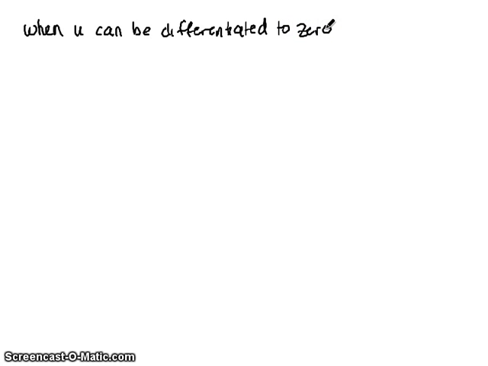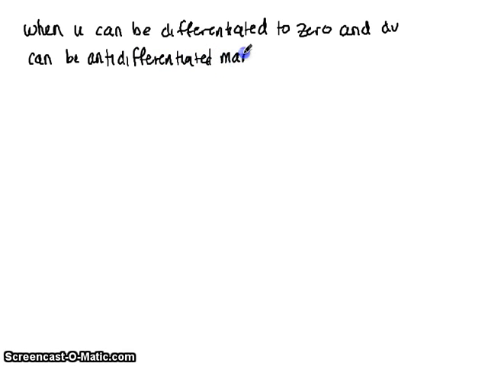We'll say when u can be differentiated to 0, meaning if you take the derivative of u over and over again you eventually get to 0, and dv can be antidifferentiated many times with ease, you can use tabular integration to find your answer.